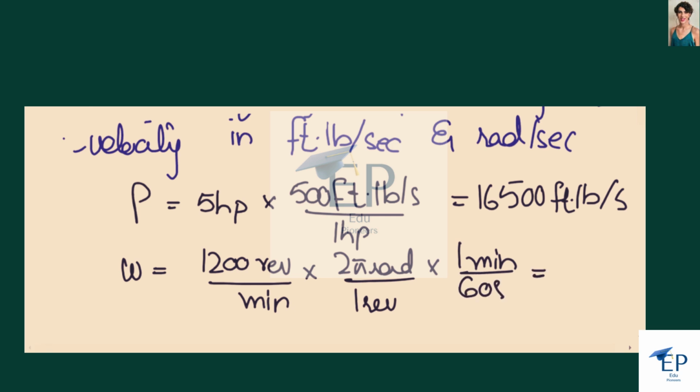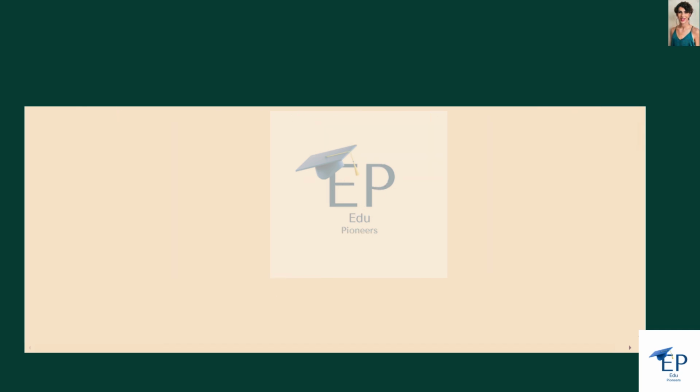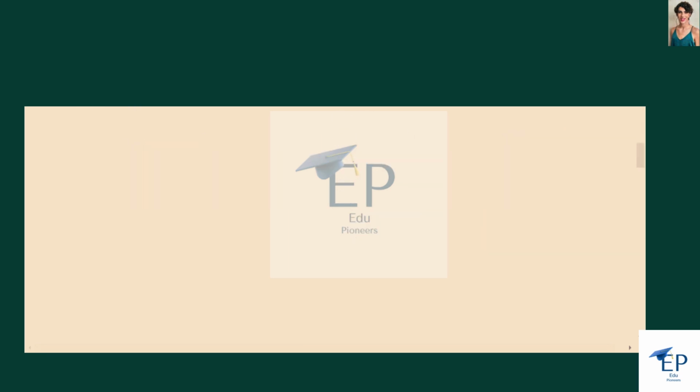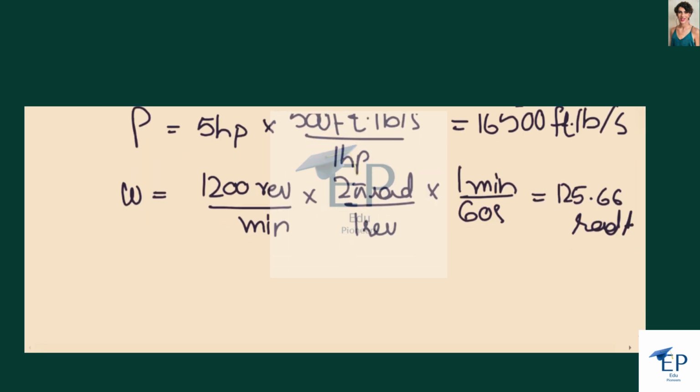This would be equal to 125.66 radians per second. Now, next, using equation 5.10 to find the torque, torque is equal to power divided by the angular velocity.